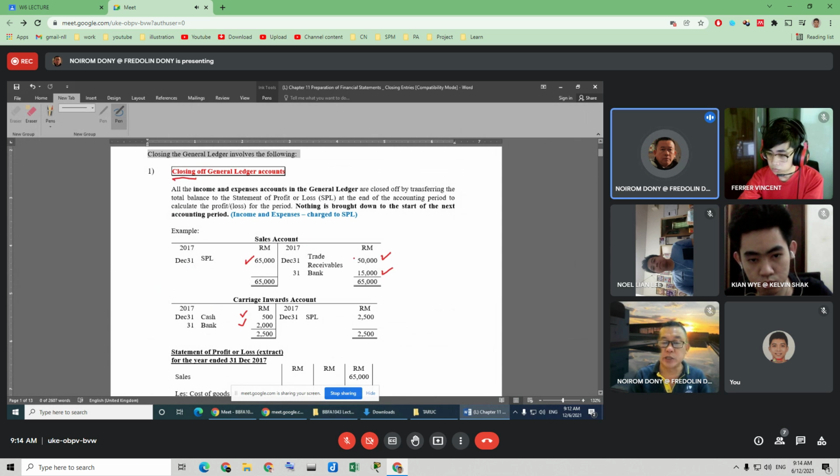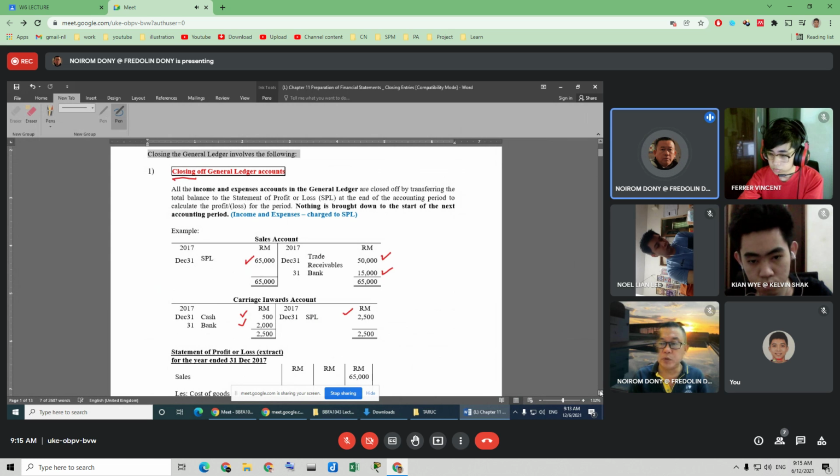Like what I said just now, for a credit item we make the opposite entry, that is debit, to close it off and post it to SPL. Same goes with the debit item, carriage inward. We close it off, put this value 2005, make the opposite entry by crediting the debit item, and close it off by posting to SPL.